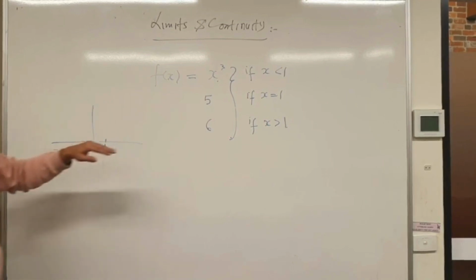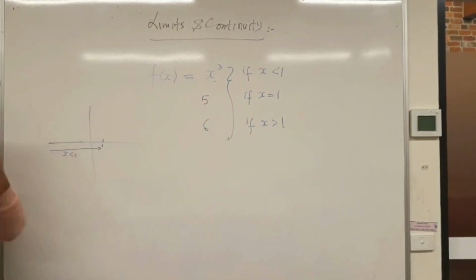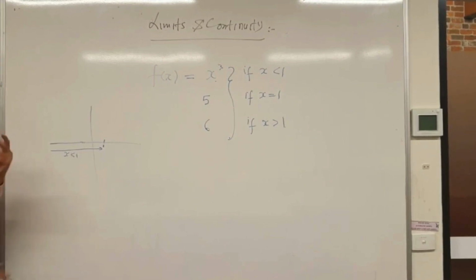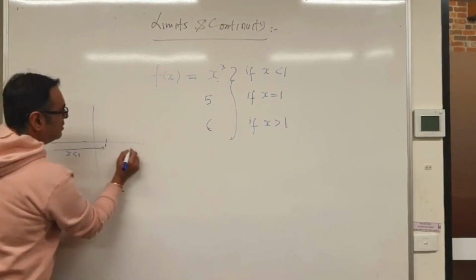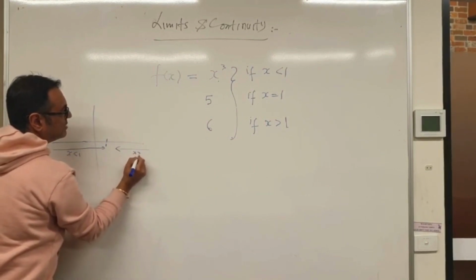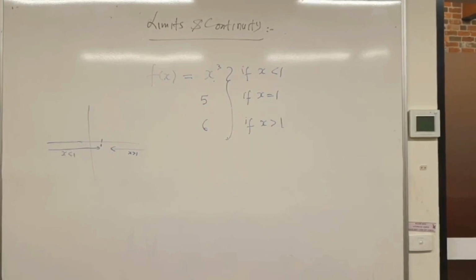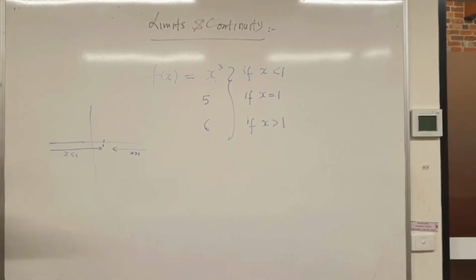Correct? Now, Ryan, which out of the 3 is the right limit? 6. So this value is for x greater than 1. And which value is at 1?